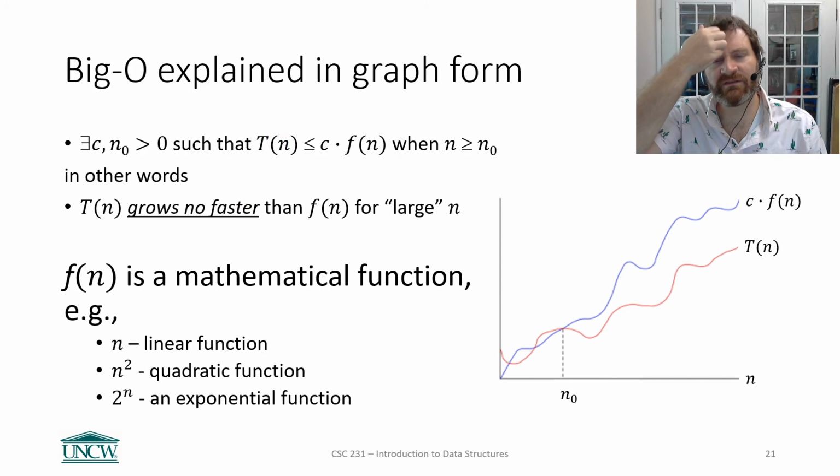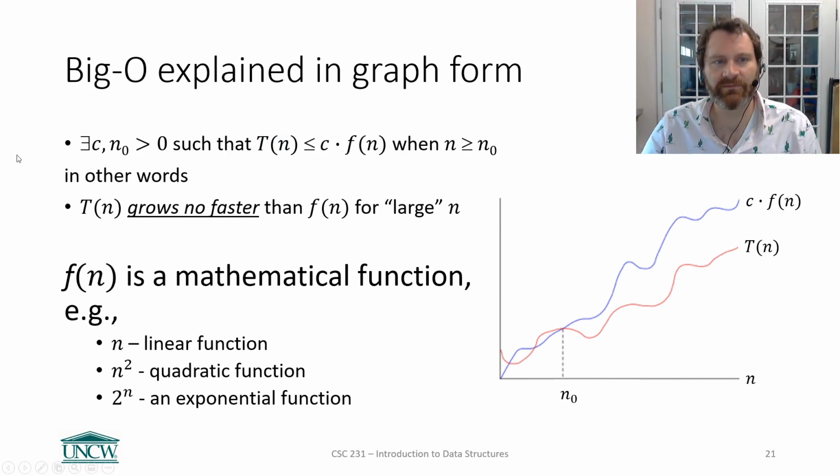Okay, let's look at this graph. Remember, there exists a c times f of n, that's this guy. Here's our T of n, and this is some weird funky function. I don't even know what you would write this equation as, but it doesn't matter really. T of n is the thing you calculated for your algorithm, the steps you computed. And this is what its function looks like. Kind of funky, right?